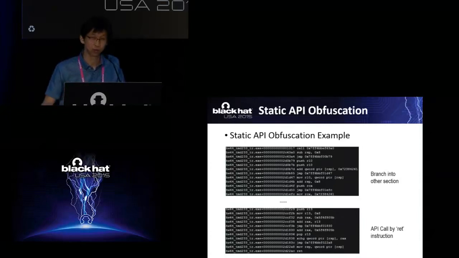The last return instruction directs the control flow to the API function code. And for VMProtect, they use return, but their address is not at the top of the stack. The return address is somewhere in the stack.